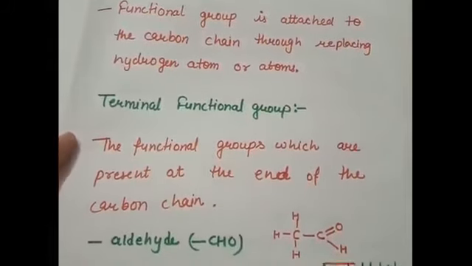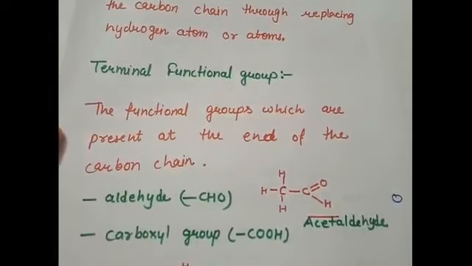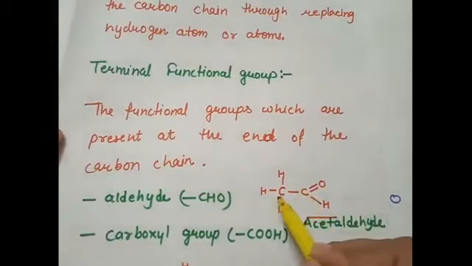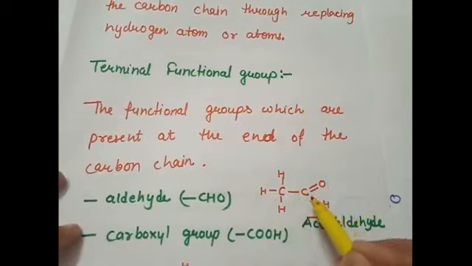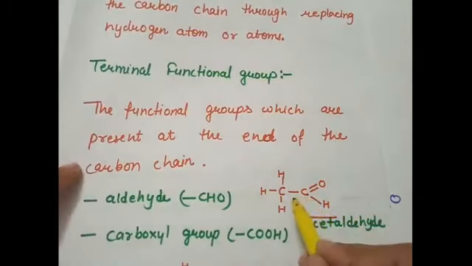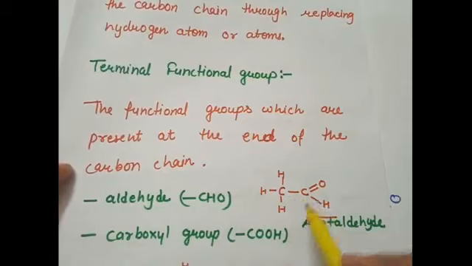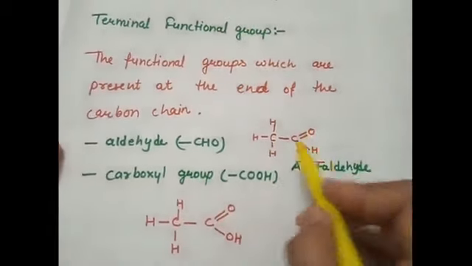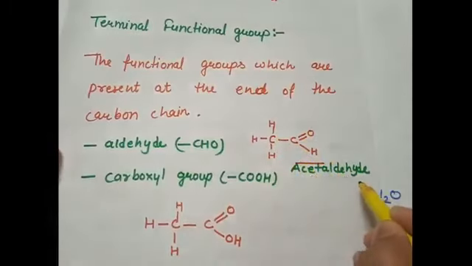Aldehyde and carboxylic groups are always attached at the terminals of the chain. Like we have CH3, and the aldehyde CHO is attached at the terminal of the chain. This is just a single carbon, so this will be the only end of the chain. Then we have another example, CH3COH, which is called acetaldehyde.